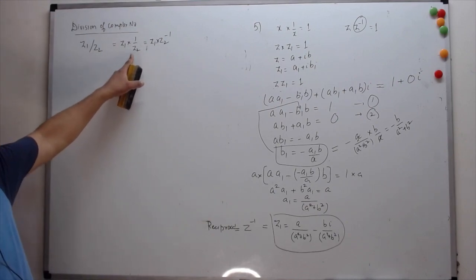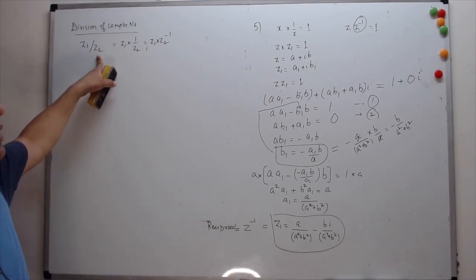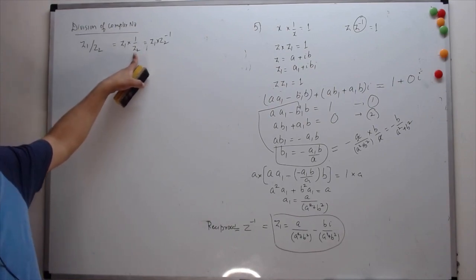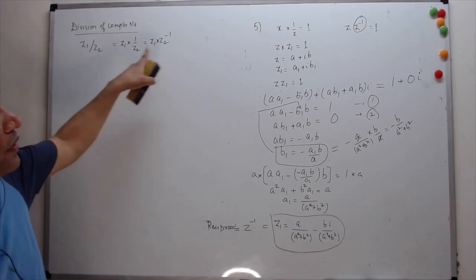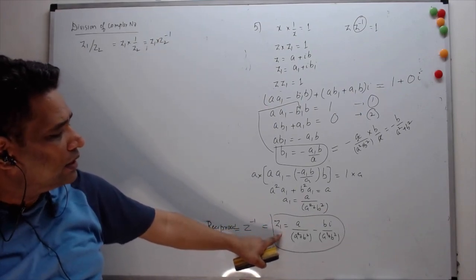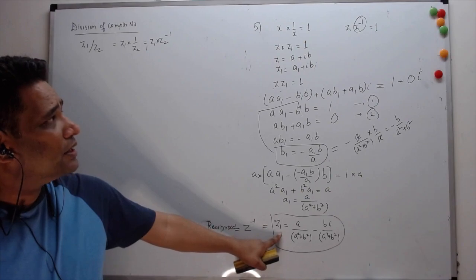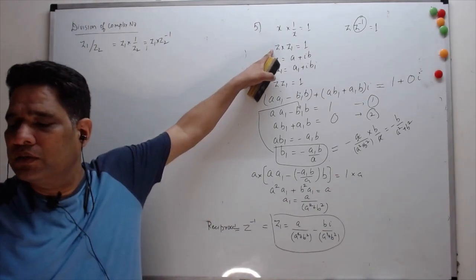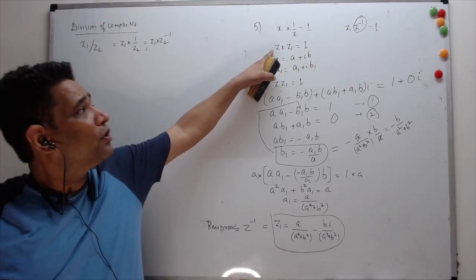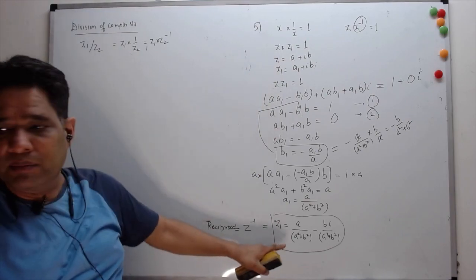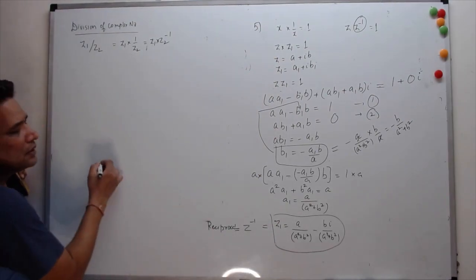If you're given a complex number, you can easily find its multiplicative inverse, which is 1 over z. And how? That is something we'll see.